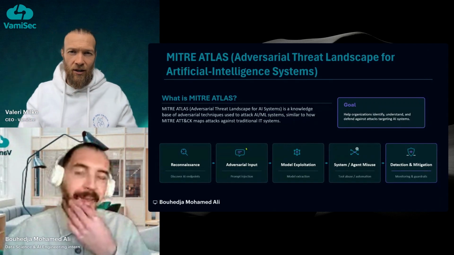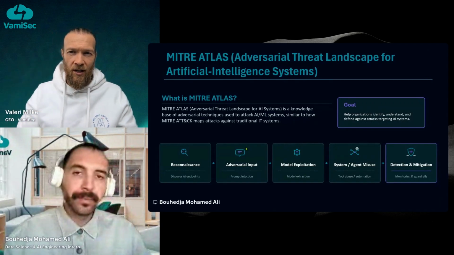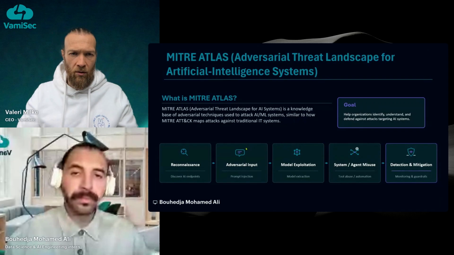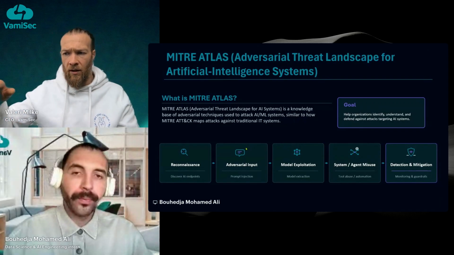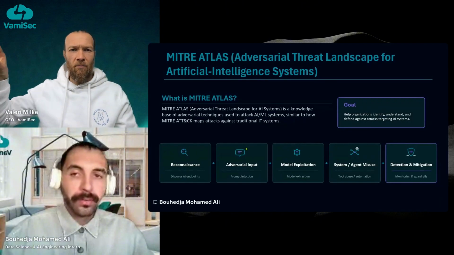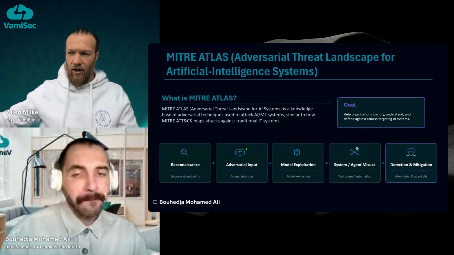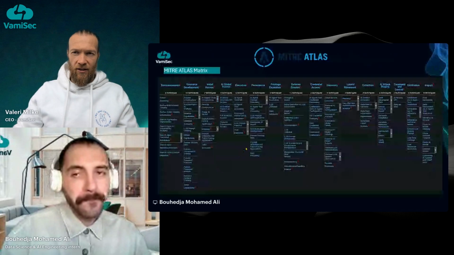So MITRE ATLAS is like the adoption for AI systems, for agentic AI systems, and it also shows how the typical cyber kill chain, with a focus on agentic AI systems, proceeds within the real attack, until the real impact in the end, like data stealing and so on and so forth.